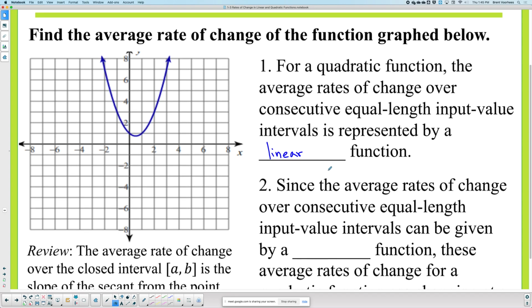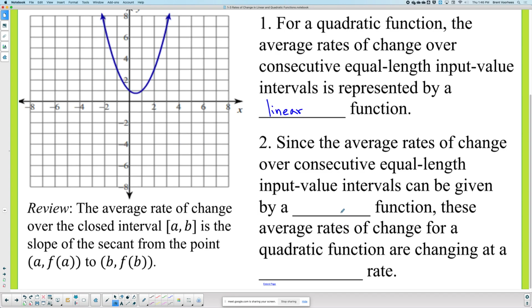Since the average rates of change over consecutive equal length input value intervals can be given by a linear function, let's go ahead, I didn't want to give away blank number 1 with blank number 2. Since it can be represented by a linear function, these average rates of change for a quadratic function are changing at a, okay, this is the change in AROC.